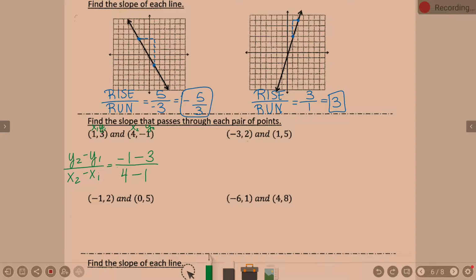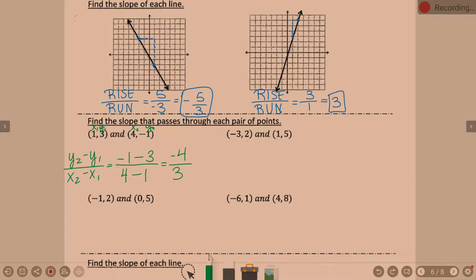And it's just about cleaning it up. This is where I said have calculators, right? Negative 1 minus 3 is negative 4, because if you're at negative 1 and we subtract 3, so we go 3 farther left, you're at negative 4. 4 minus 1 is 3.